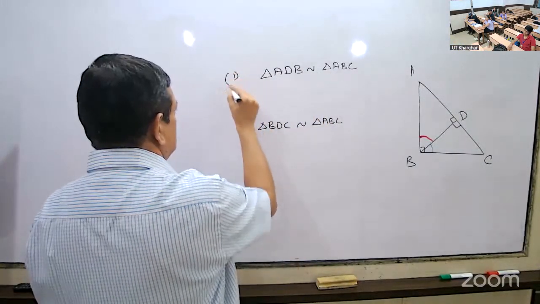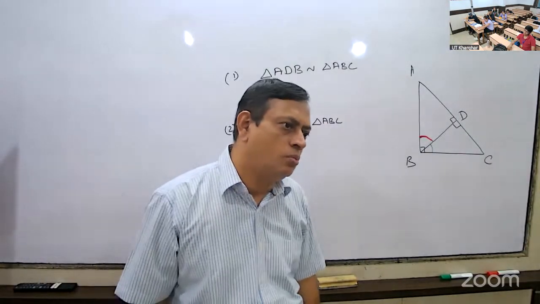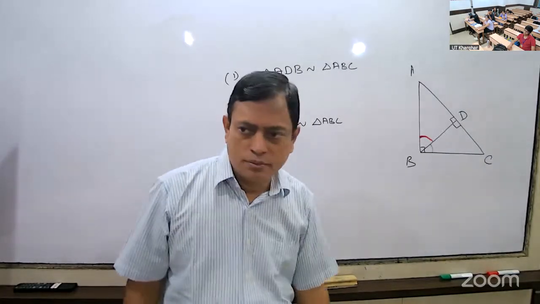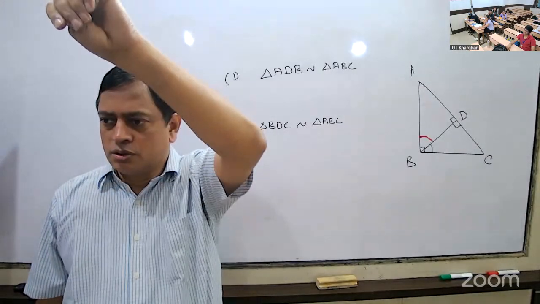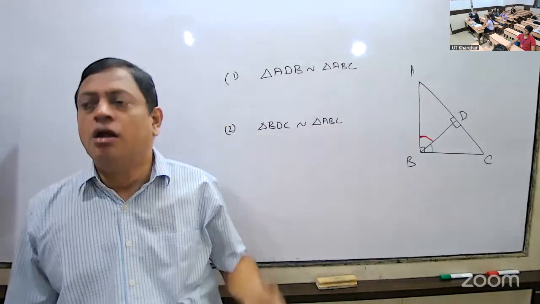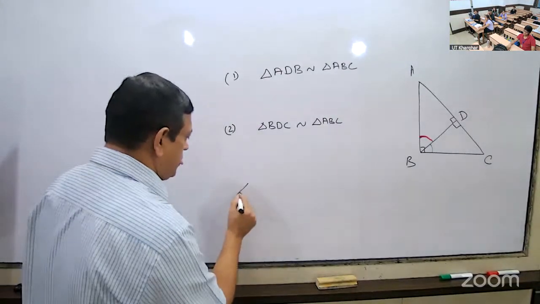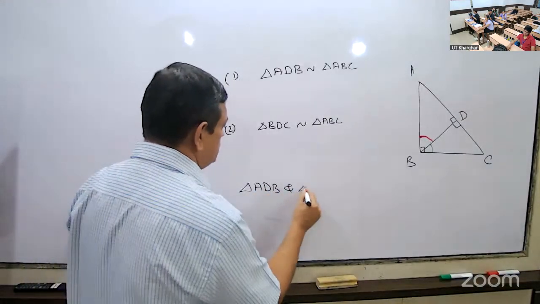So first one you got, second one you got. Agree? All of you, did you follow? So the third pair I am going to take is triangle ADB and triangle BDC.